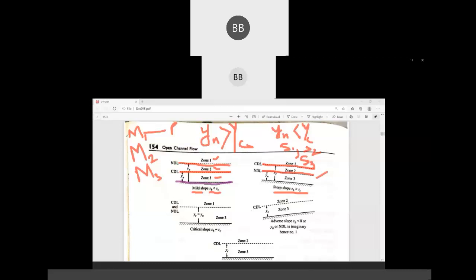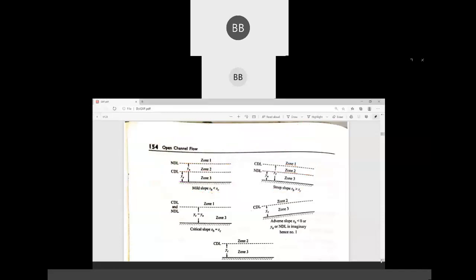For critical slope, if you remember, we said that the bed slope and the critical slope are the same, and yn and yc coincide. So in critical slope we will have only zone 1 and zone 3, because the CDL and NDL coincide.